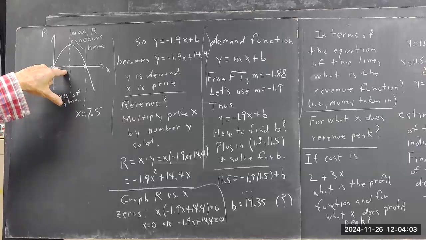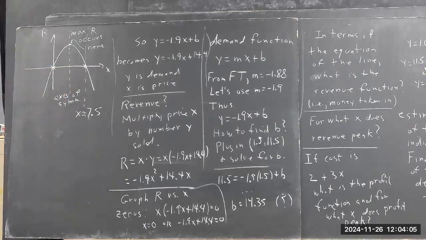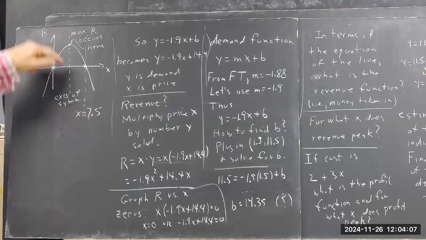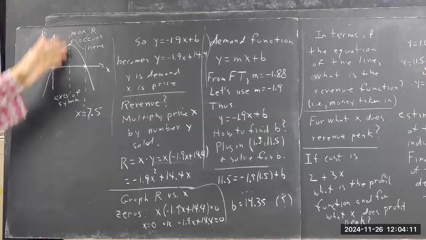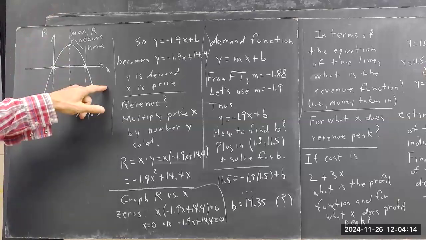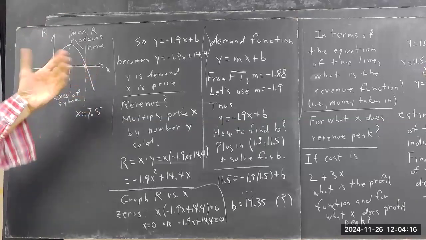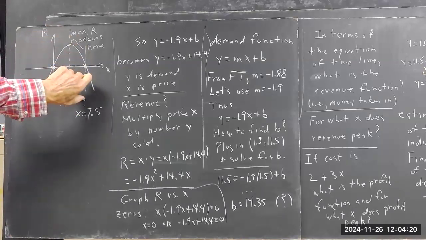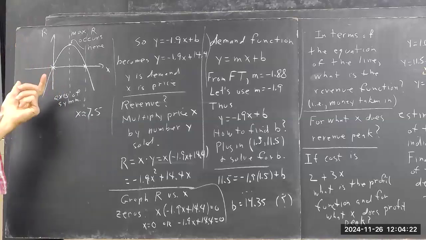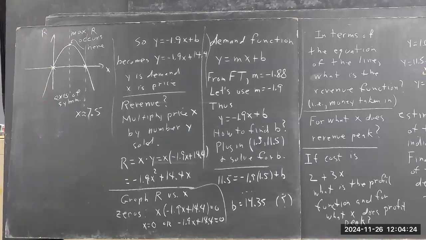What's the x coordinate of the axis of symmetry here? Because of symmetry, this line has to cut this graph exactly in half with identical halves except for the reflection. So chop this half off, flip it over this way, and slap it on here. It's going to be identical to what we've already got.